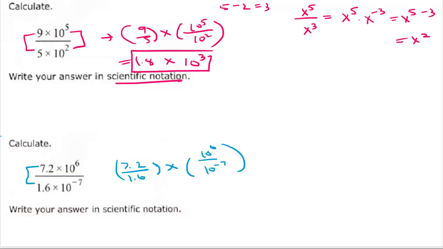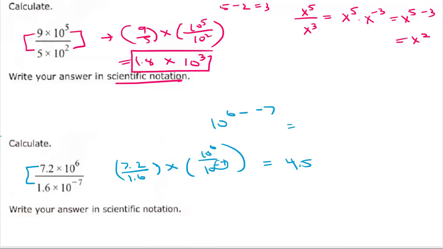All right, so 7.2 divided by 1.6 is going to give me 4.5. And then 10 to the 6 divided by 10 to the negative 7. Remember, when we divide we subtract, but we already have a negative 7 there, so we have another negative.